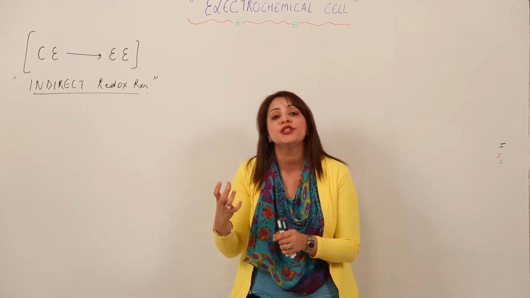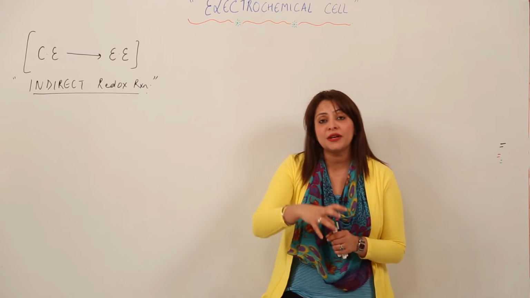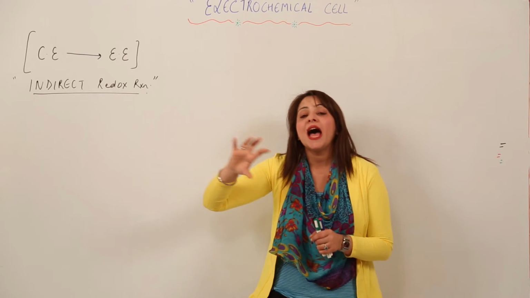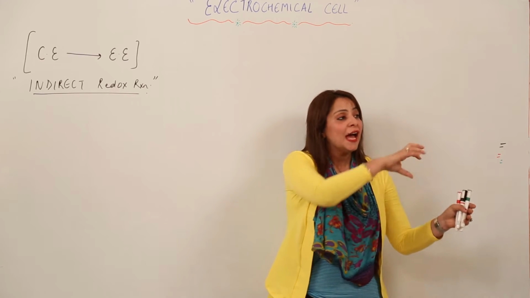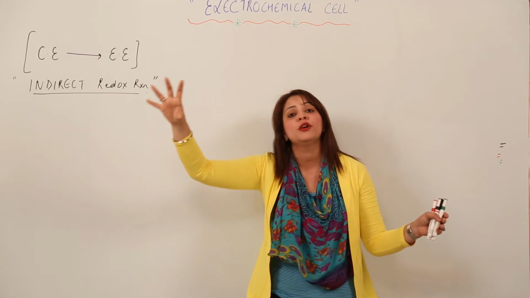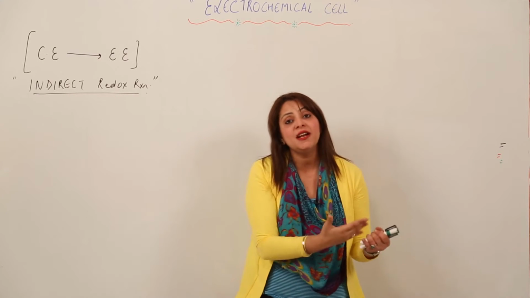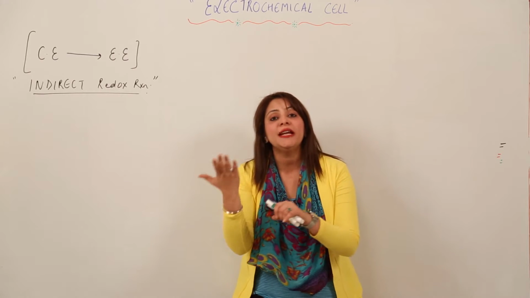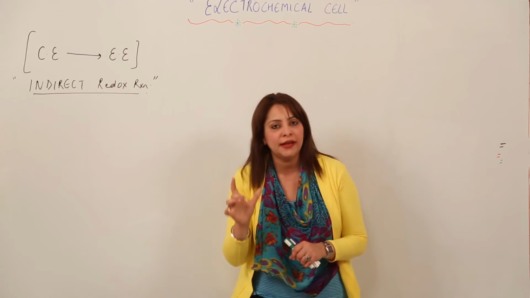But when we allow the electrons to travel a certain distance, then they constitute a current. That means the chemical energy is converted into electric energy, and that type of redox reaction is called an indirect redox reaction.